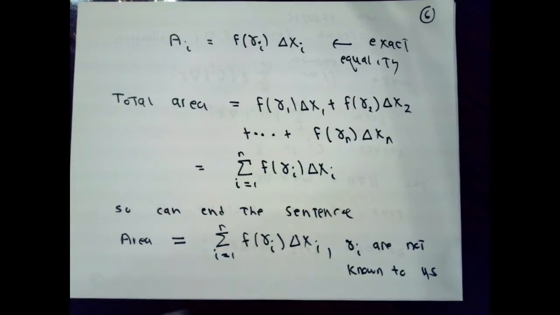The area is exactly the sum of f at gamma I times delta xi, where gamma I is an x number within subinterval number I. Of course, we don't know exactly where those gamma numbers are. We just know that they are within certain subintervals.